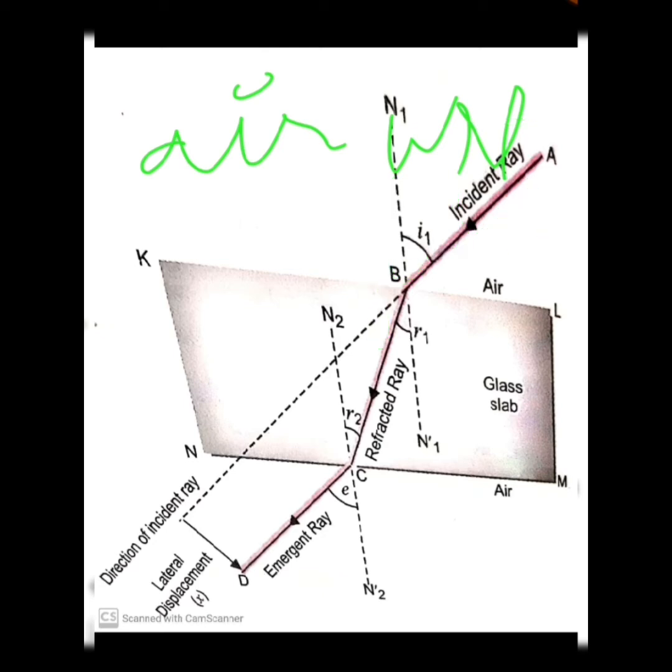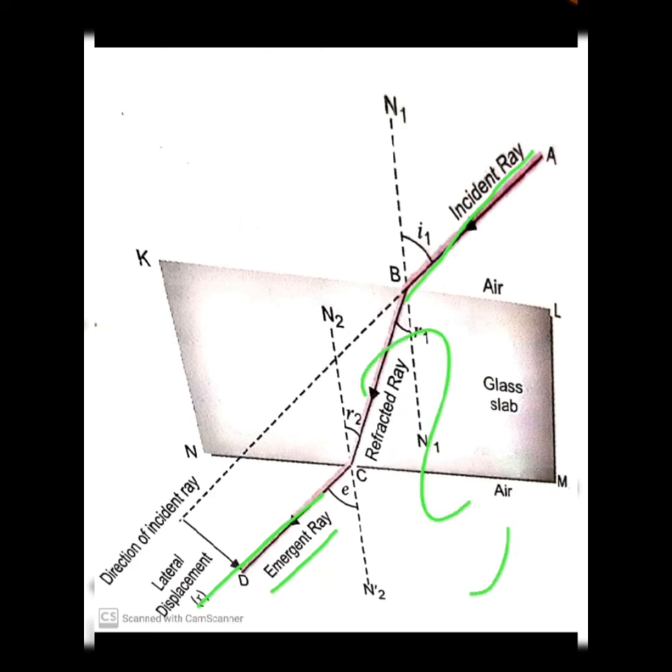You can see the emergent ray is parallel to the direction of the incident ray, or the emergent ray is parallel to the incident ray. Why? And this we will discuss in the next video.